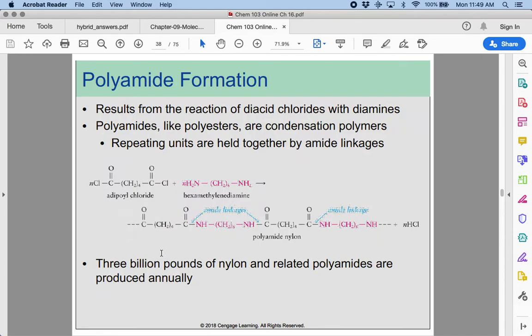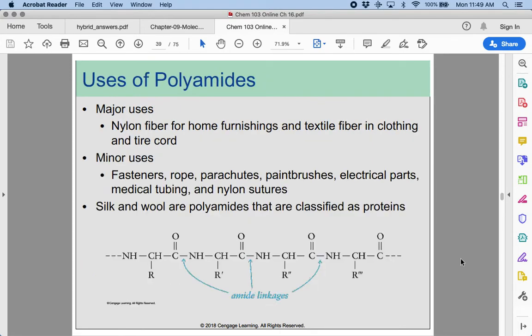Again, just like we saw with our esters, where we could have polyesters, we can have polyamides. This will be really important when we get to our biological section and we're talking about proteins and amino acids.